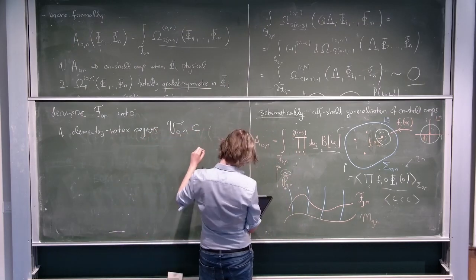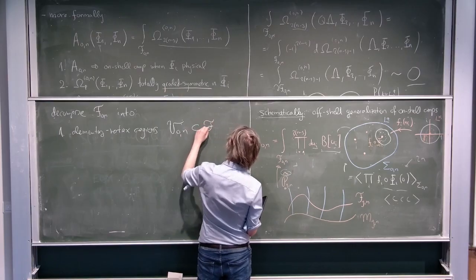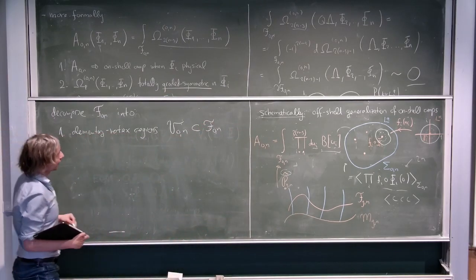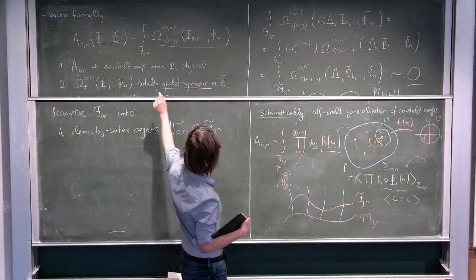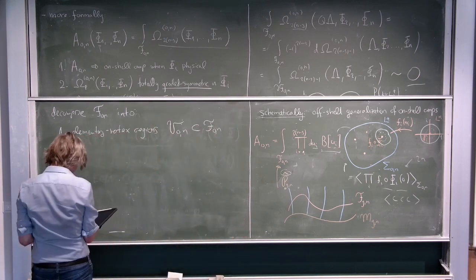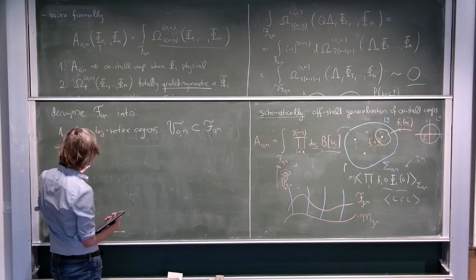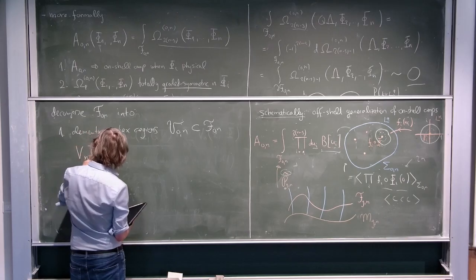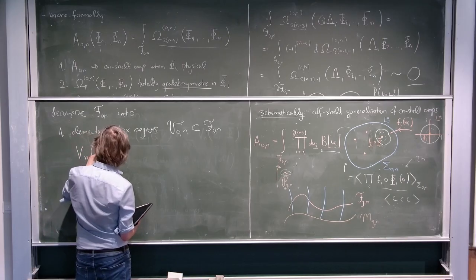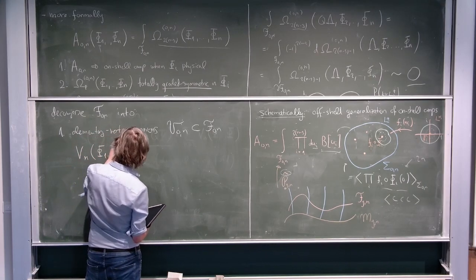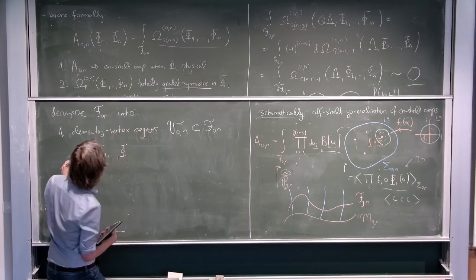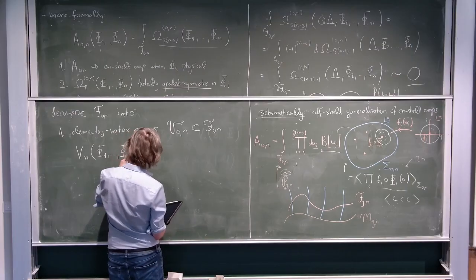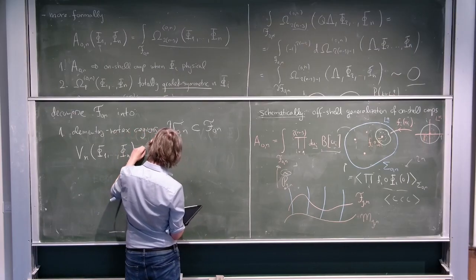So this V0n is a subspace of F0n, such that when I restrict this integral, which comes into the computation of the off-shell amplitude, just to the space V0n, we will precisely obtain the vertices which go into the action. So these Vn's are the same Vn's as I was writing down just at the start of the lecture.